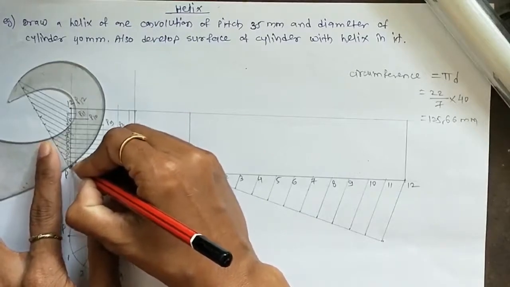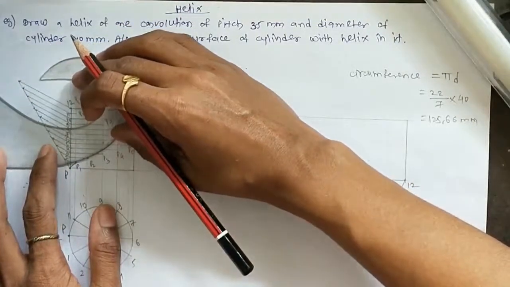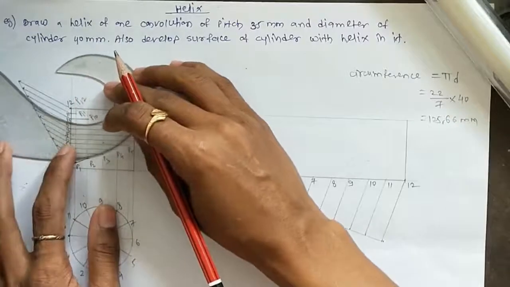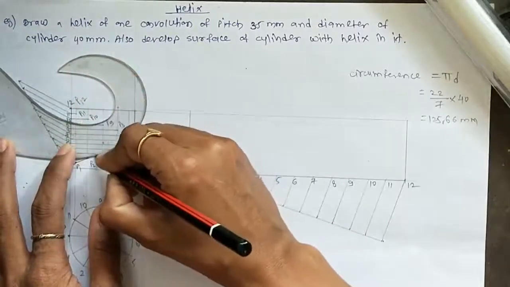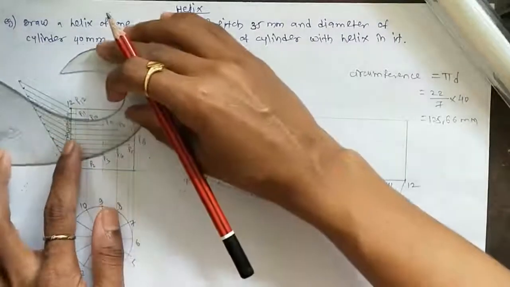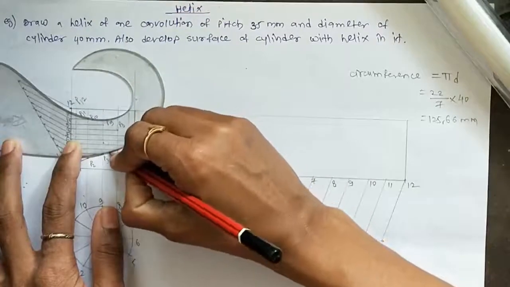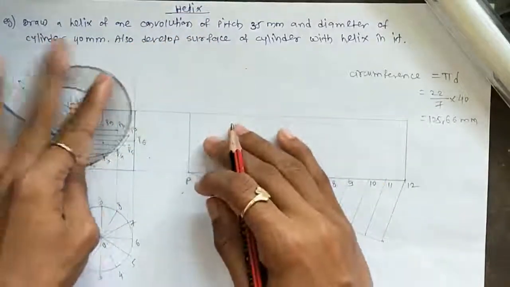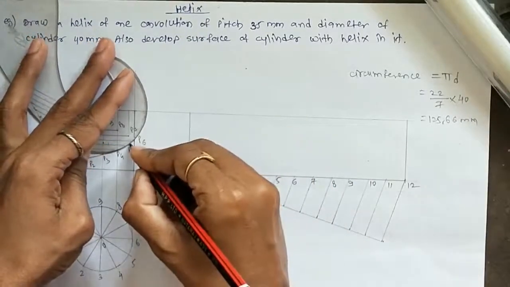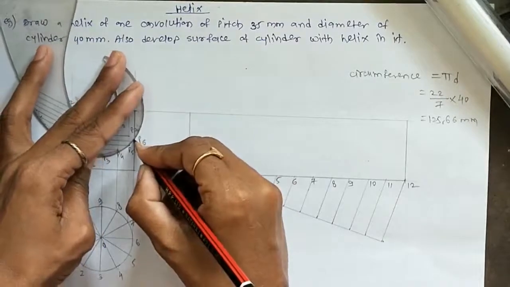So join point P to P1, then point P1 to point P2, then point P2 to P3, point P3 to P4, then point P4 to P5, then point P5 to point P6.